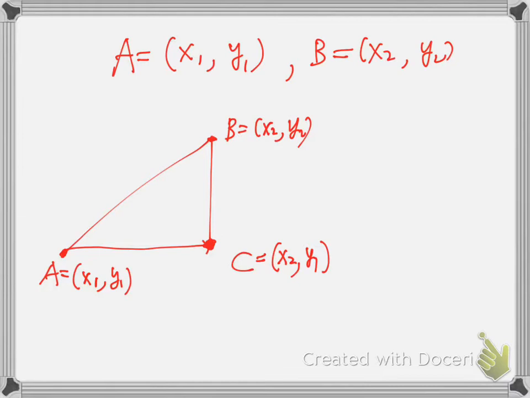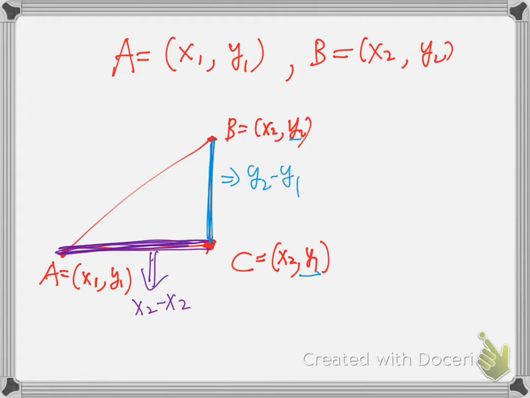Now let's look at the length AC. The length AC is a straight horizontal line, so we just measure the difference of the x part. So this side is x2 minus x1. And the BC is the difference of the height. So this is y1, this is y2, so their difference is y2 minus y1.